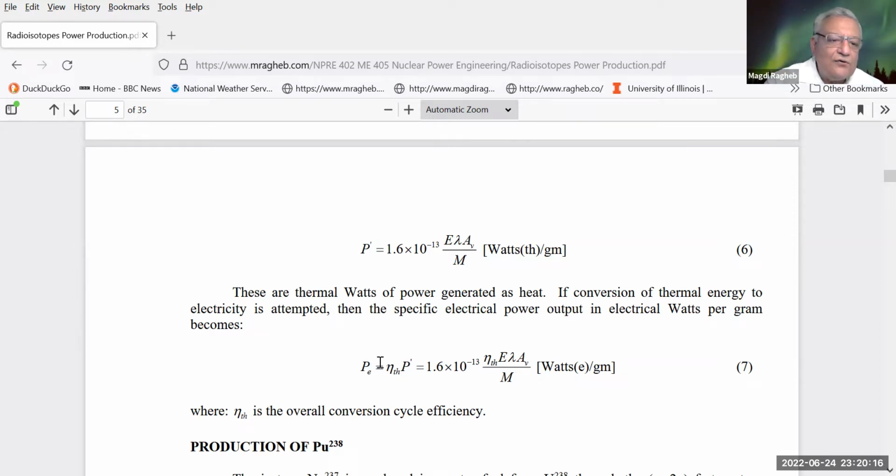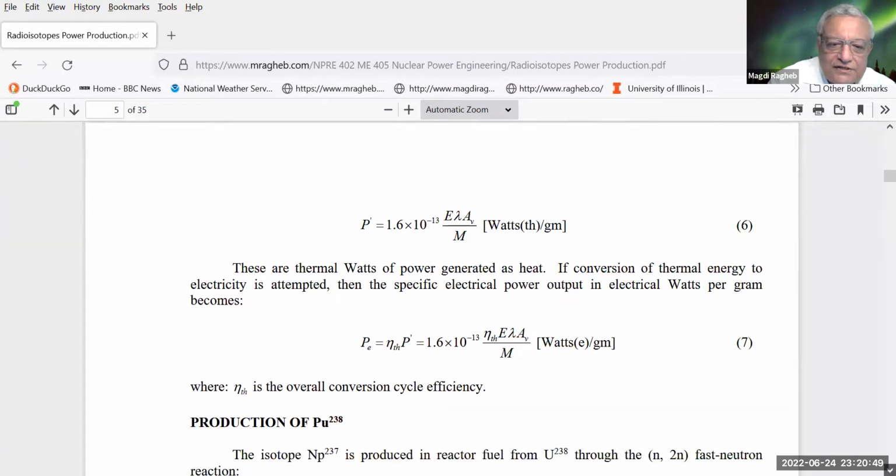So the design equation for obtaining a given amount of power per unit mass or specific power of any radioactive isotope is simply that equation right here, 1.6 times 10 to the minus 13, the thermal efficiency of the process producing the electrical power, E, the energy released by the disintegration, the main form of disintegration of the isotope, multiplied by the decay constant, multiplied by Avogadro's number, divided by the molecular weight of the isotope.